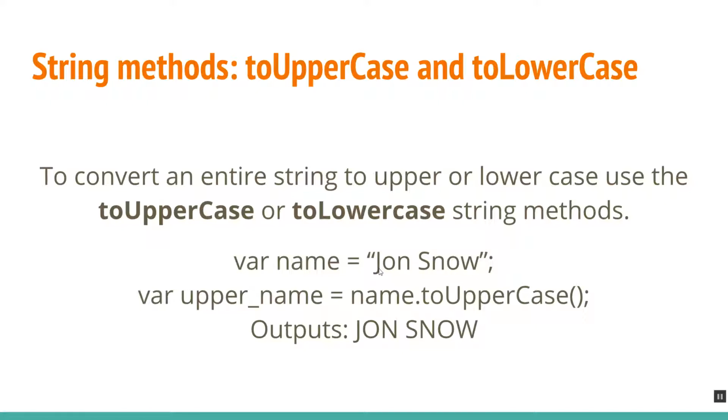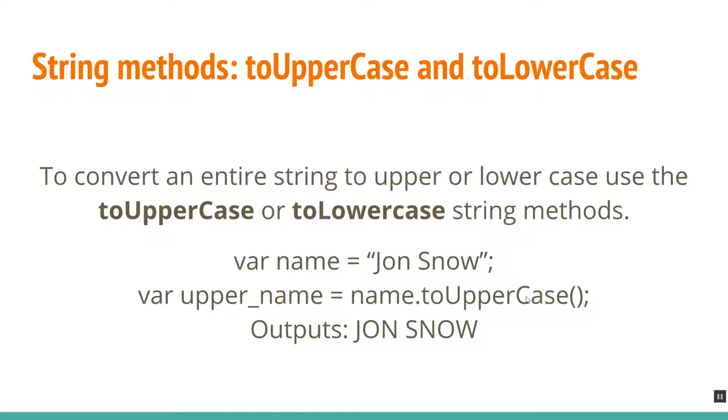So for example, if I had my Jon Snow variable and I converted it to uppercase, it's going to change it to JON SNOW now. So you can use that toUpperCase and then search for your string in toUpperCase to match that, or you do the same thing with toLowerCase. You don't have to necessarily change it. You can use this as part of your search statement.